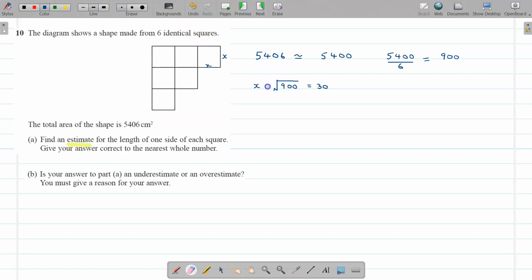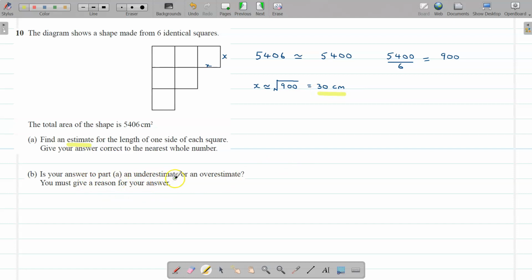So x is approximately equal to the square root of 900. Give your answer correct to the nearest whole number, so 30 centimeters. So that's my estimate of the length of x.